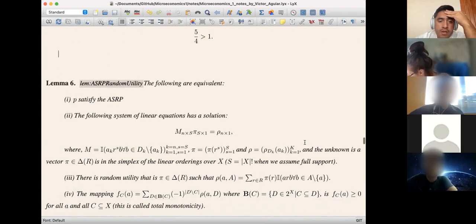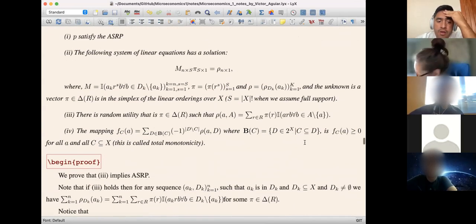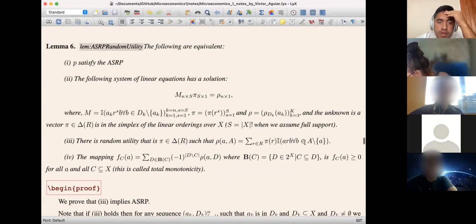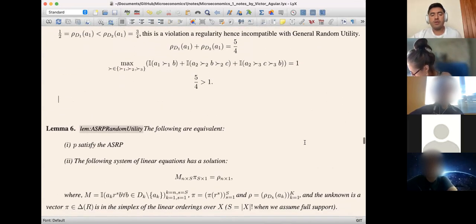Before proceeding, I want to show you the following, and let me do this by means of the iPad. Let me go quickly to the share screen of the iPad, and then we're going to try to understand the additional feature of the random utility, which is using a set of linear inequalities.